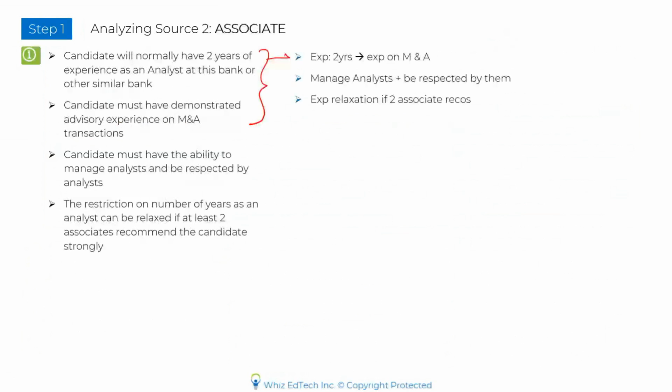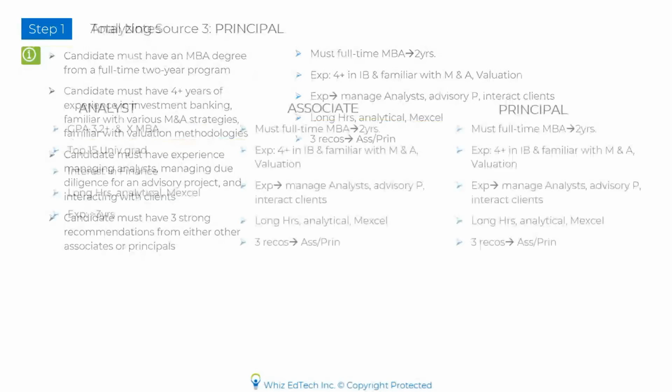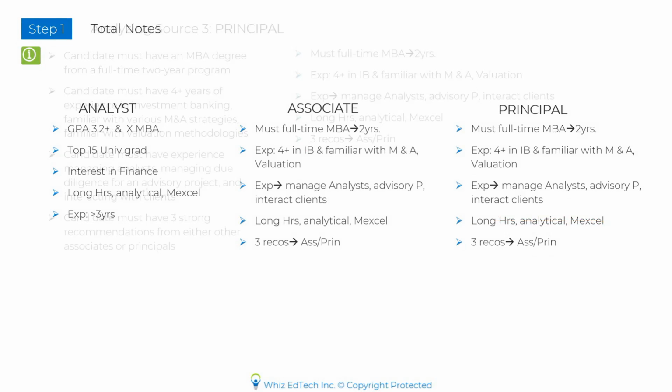For associate, advisory experience on MA, transactions. So this is experience. I think when I put it as total, I must have put it wrong. My bad, I'll just correct that. Yeah, so associate. I think this is not there in associate. One second, let me just correct this, guys.